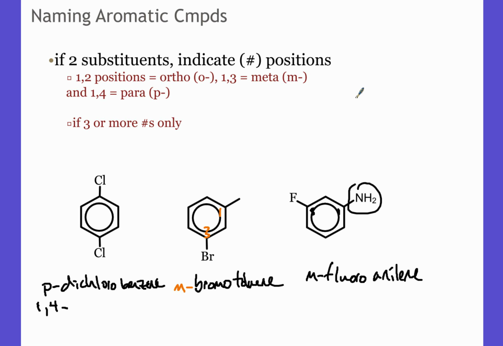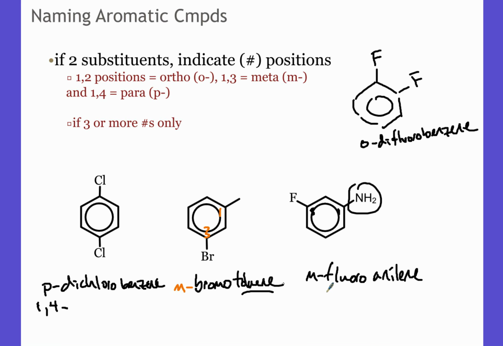I didn't have an example in here of a 1, 2, but obviously if I put 2 fluoros right next to each other, this would be an o-difluorobenzene. Again, I get to say benzene as long as that actually is a benzene, but I have to recognize when to use that toluene and aniline names. So multiple things coming into play here.